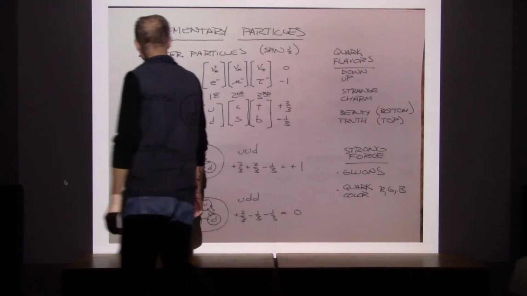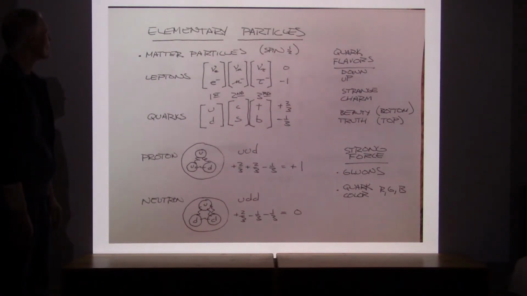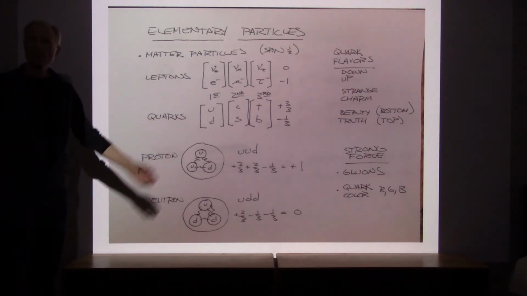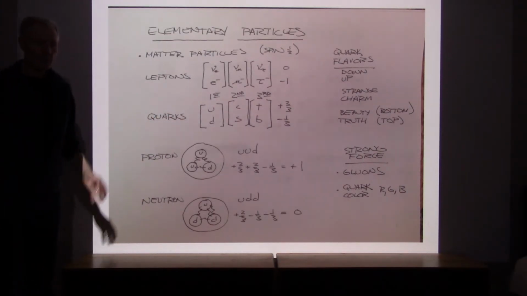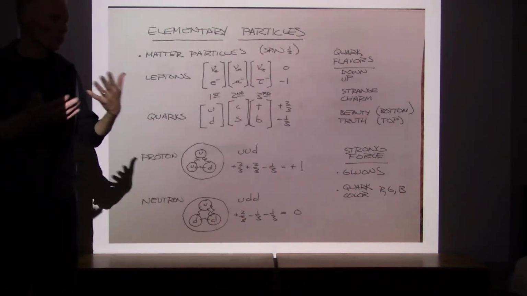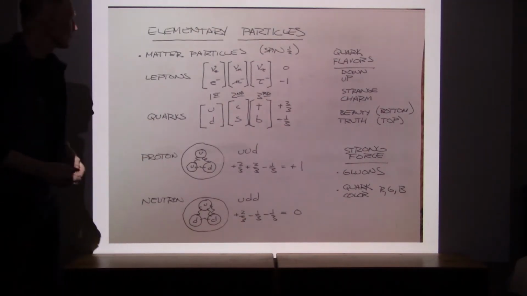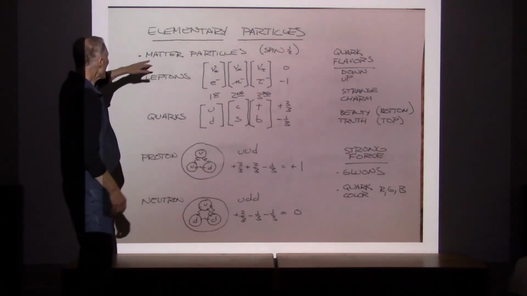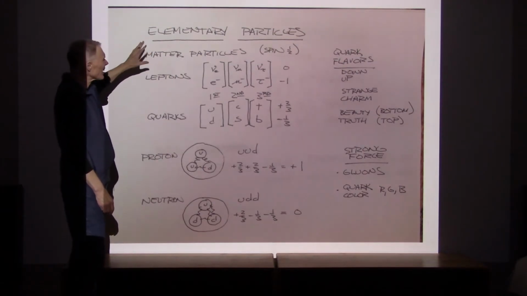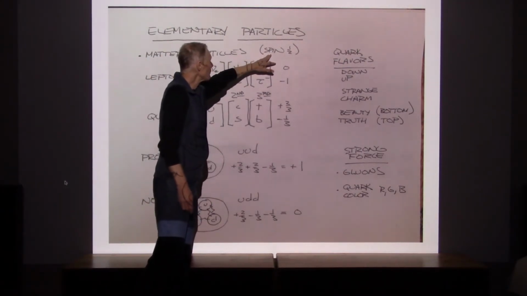All right, here it is, the standard model of particle physics. Particle physics starts out by saying that everything's made out of particles. The matter stuff around us is made out of particles, and the forces holding everything together are made out of particles. The matter particles, it turns out, are all spin-half particles.